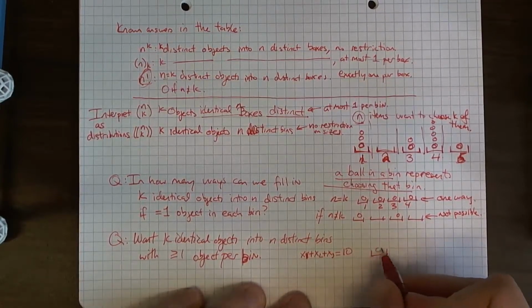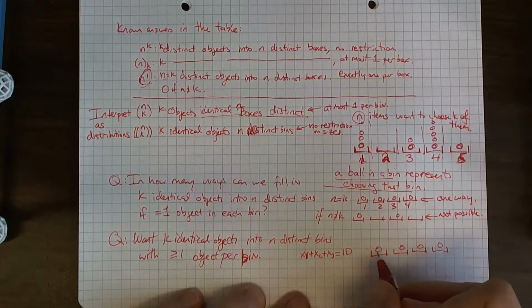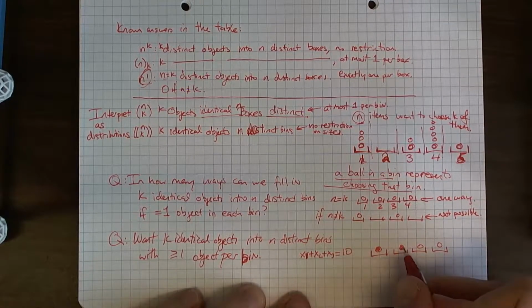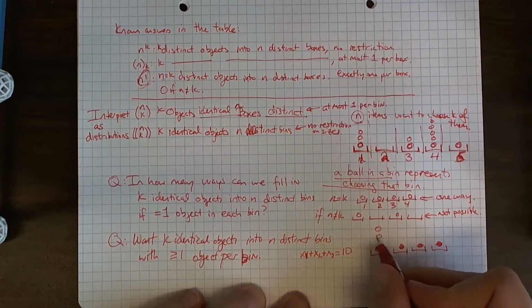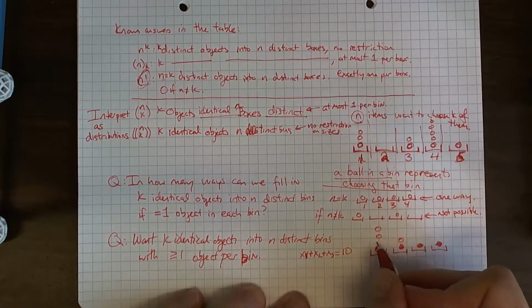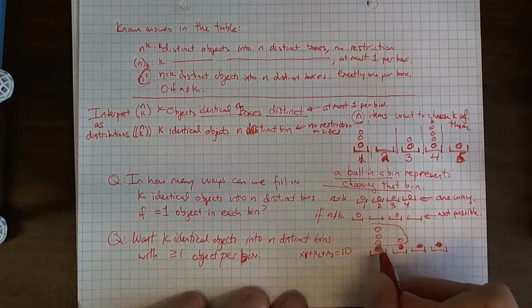When you restrict and say there must be at least one ball in every bin, you're basically saying, okay, these ones are already fixed, and you're allowed to place the other balls into these bins in any way that you want. So it's a multi-choose of however many balls are left.